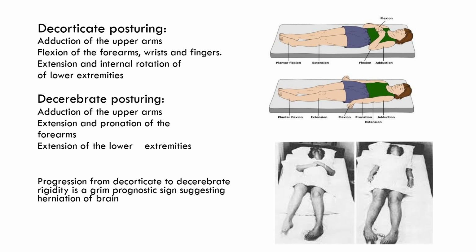Then there's decerebrate posturing, in which the arms move from this flexion position to an extended and pronated position with continued extension of the lower extremities. When a patient is progressing from a decorticate to a decerebrate posture, that suggests bad things are happening, like tonsillar herniation.